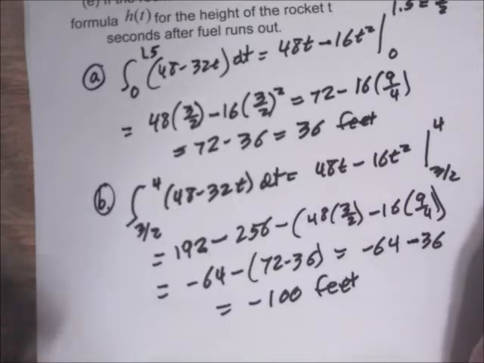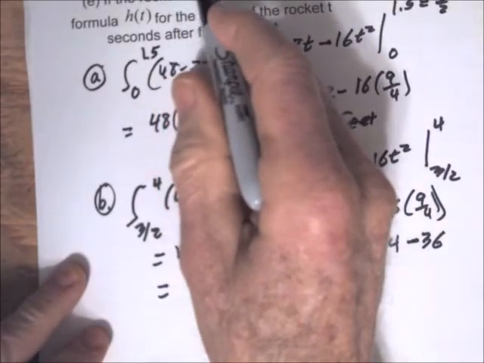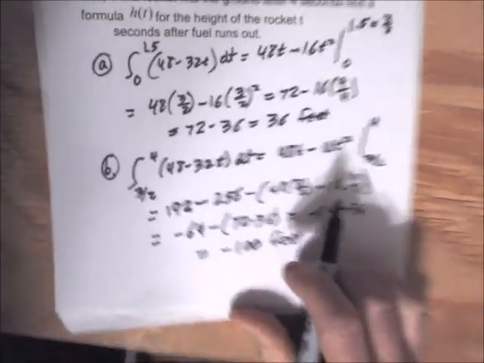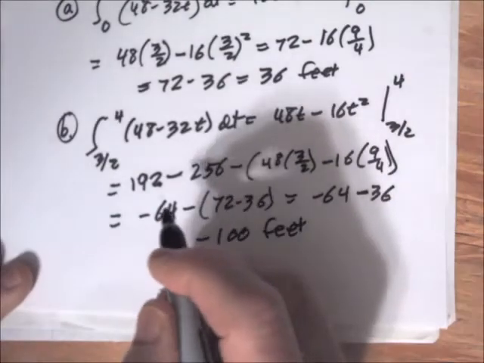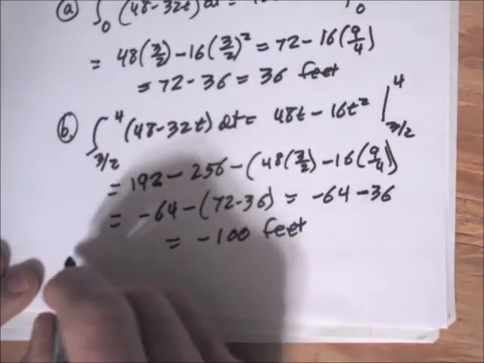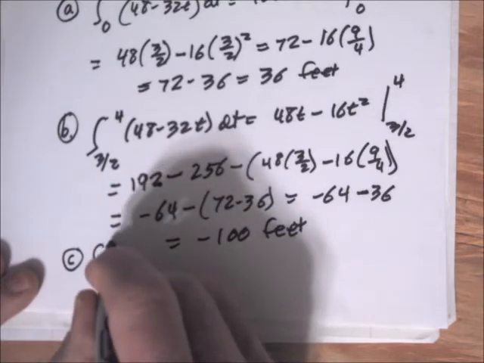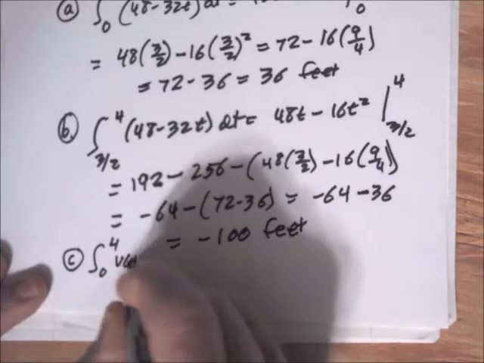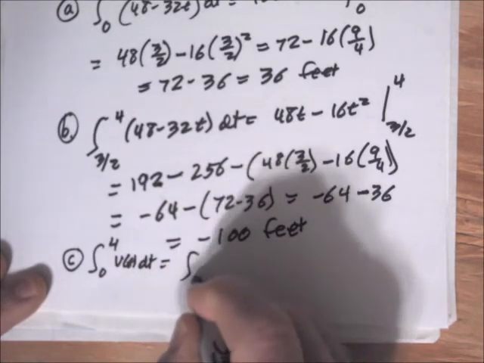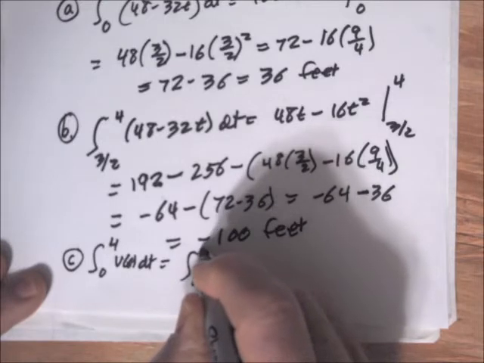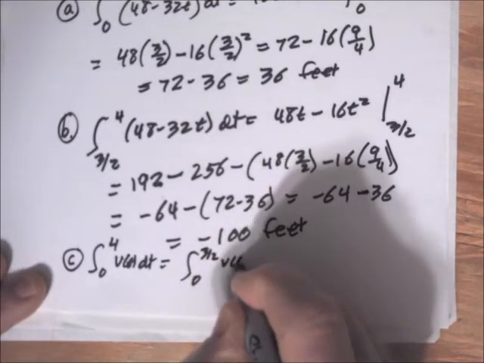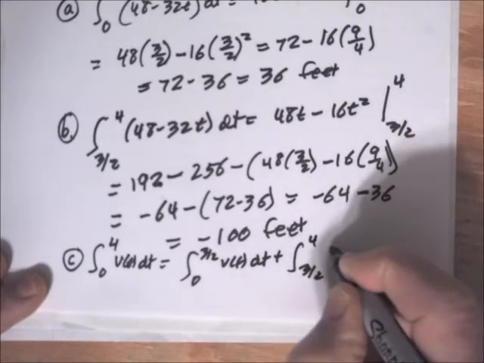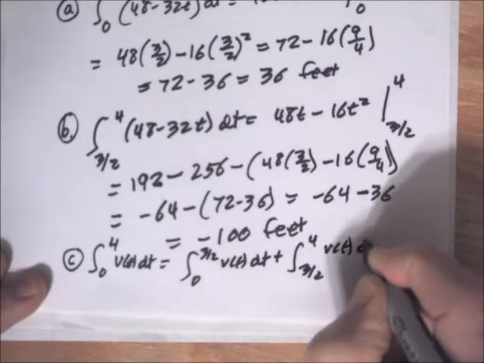Okay, so part C, the net change from 0 to 4, so we just want to add the results from part A and part B. So part C, the integral from 0 to 4 of v of t dt is the integral from 0 to 3 halves of v of t dt plus the integral from 3 halves to 4 of v of t dt.